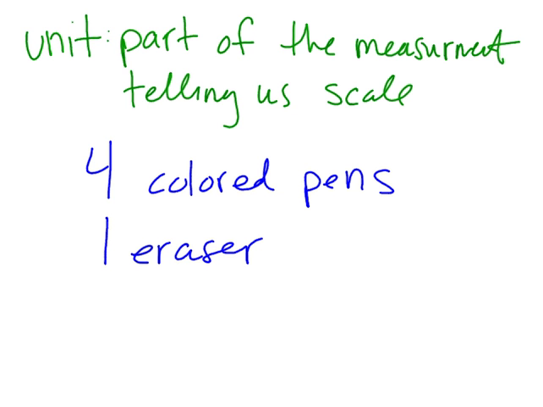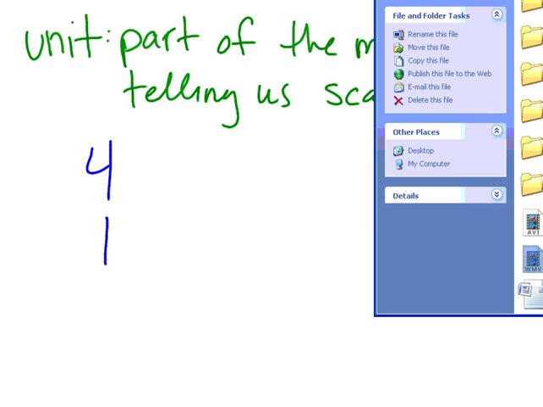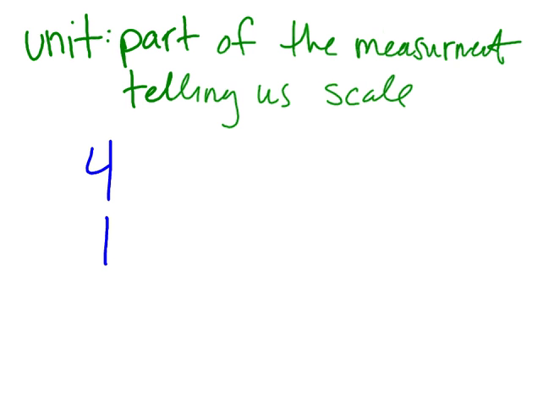But I need to have these statements. Okay, let's go ahead and take a look at what happened if I took that away. I have 4 and I have 1. Well, those don't mean anything. So I need to make sure that I have these parts of the measure that are going to tell me what I'm actually measuring.